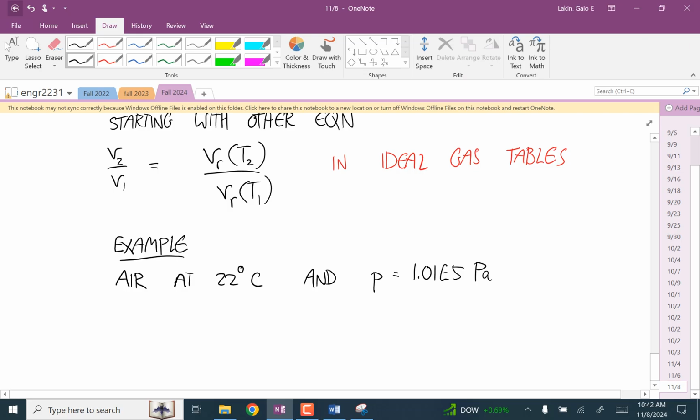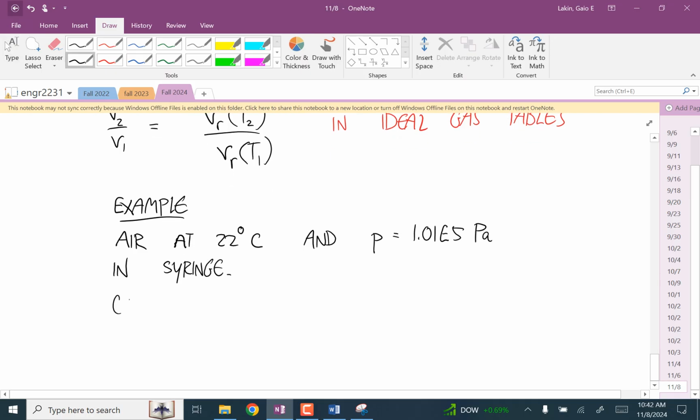And we put it into a syringe. And then we compress it to half of its original volume.